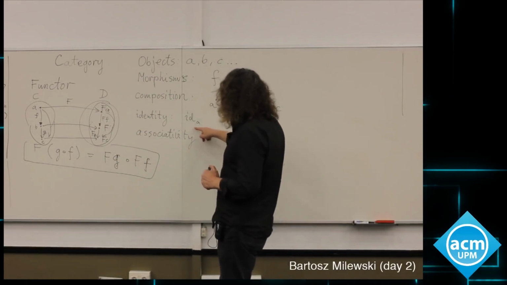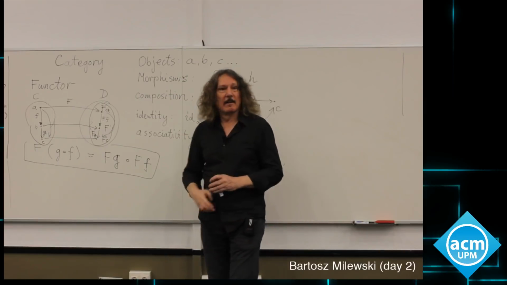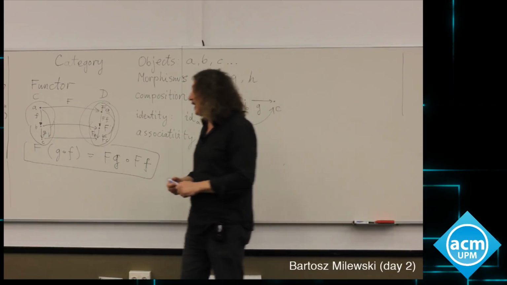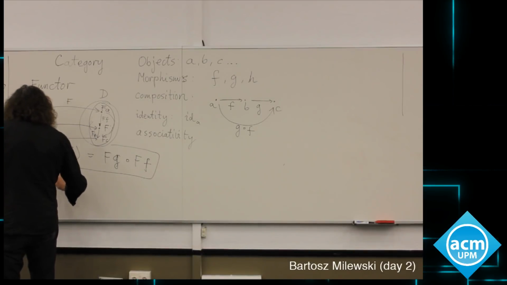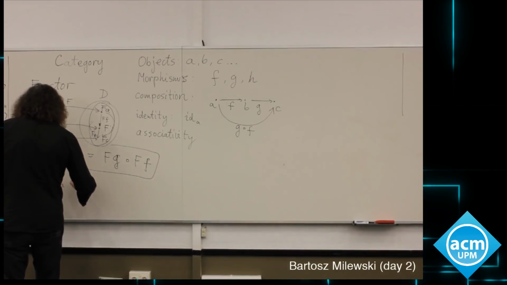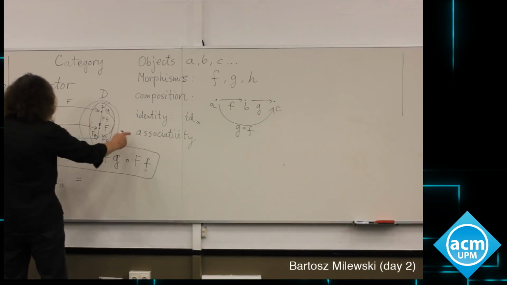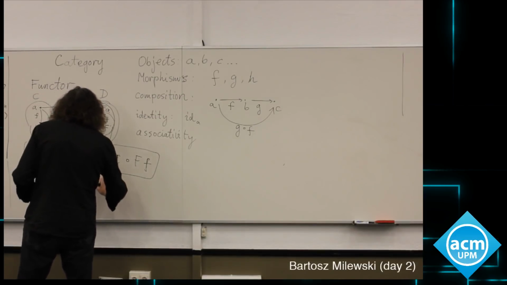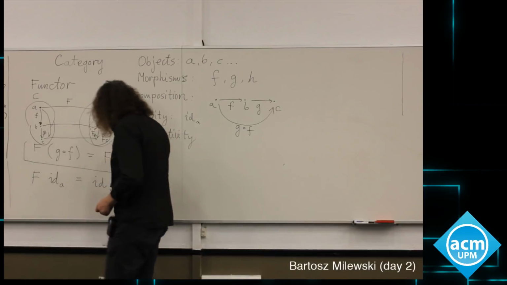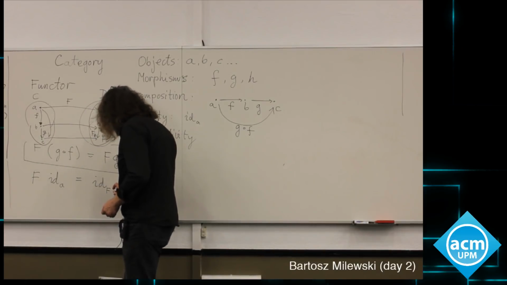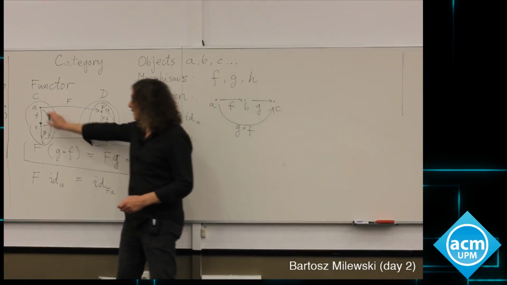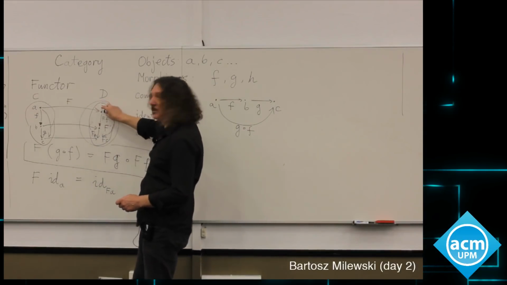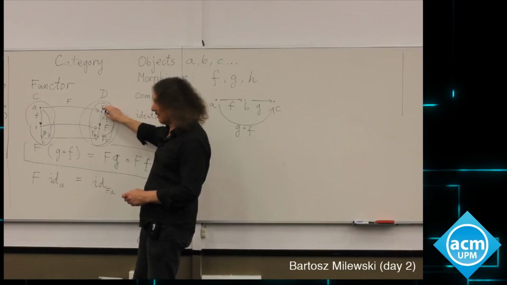What else do we have? Oh, identity. A functor acting on an identity, F of ID A, should give us an identity on this side. So it would give us an identity on what object? On the object FA. So it takes an identity from here, maps it into an identity here.